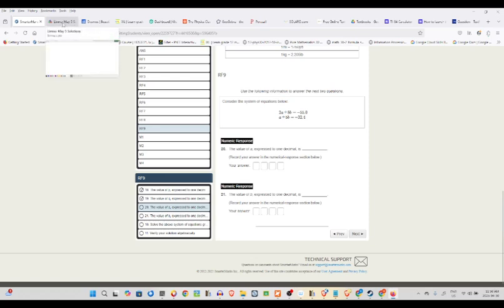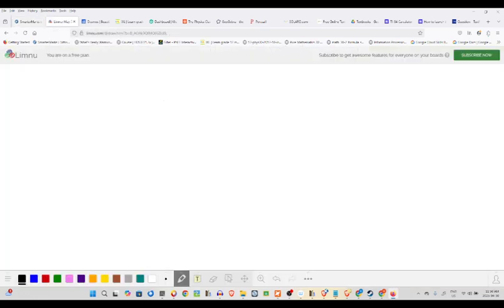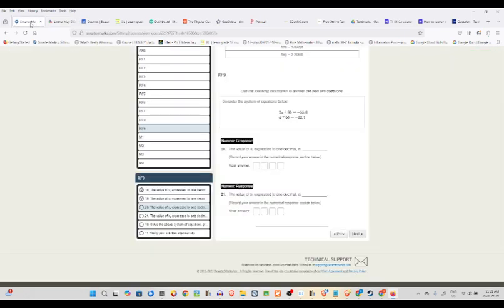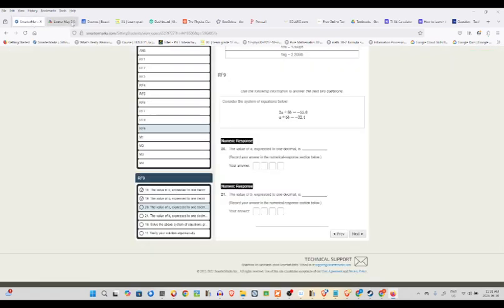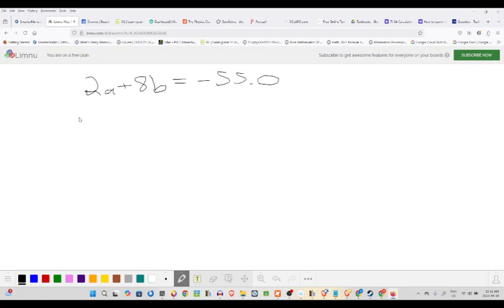So we have 2A plus 8B is negative 55.0. And A plus 5B is negative 32.4.